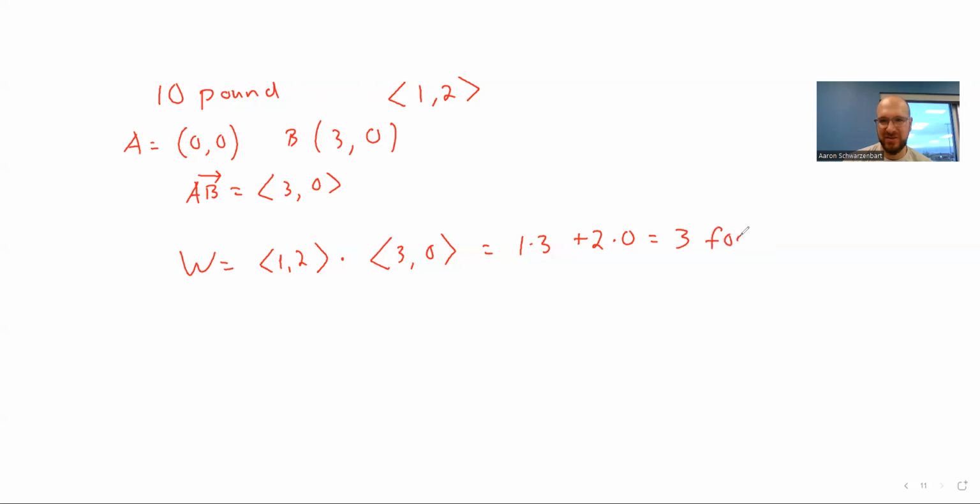foot-pounds. So maybe I can spell pounds and not try to mix the abbreviation of the word. So foot-pounds is basically a foot times a pound. And I shouldn't have a dash, it should have a hyphen.